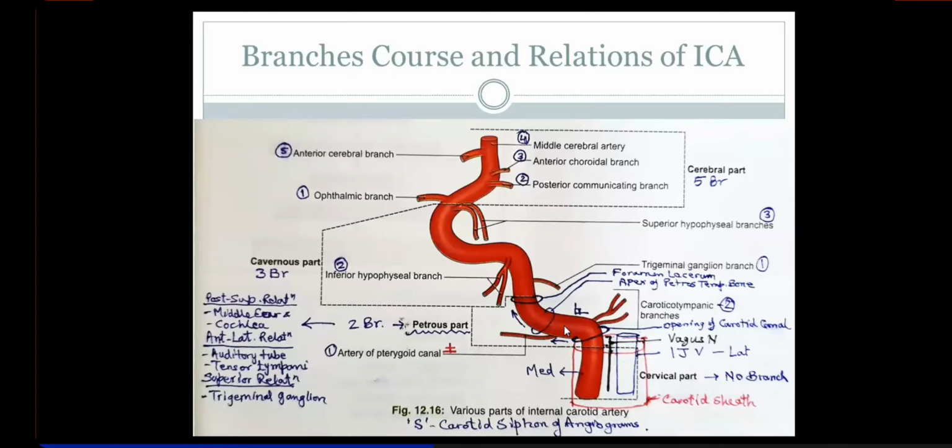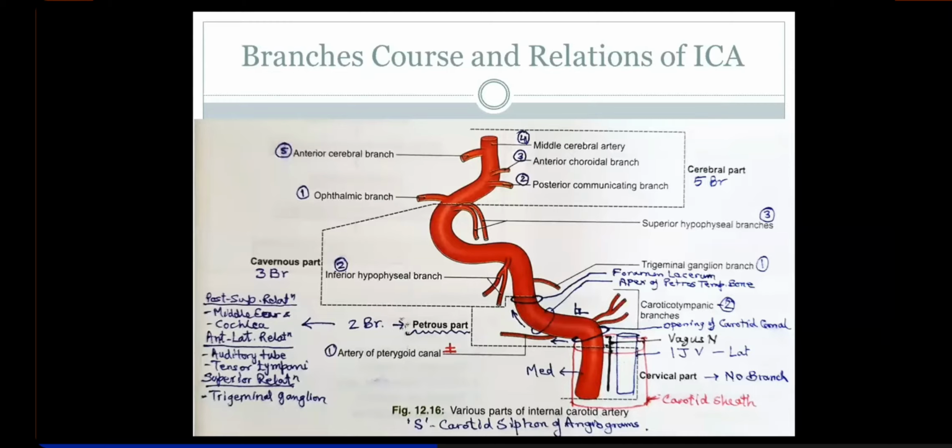So through the anterior wall of the middle ear, it gives its caroticotympanic branches, which pierce the anterior wall of the middle ear to reach the cavity of the middle ear. Okay?